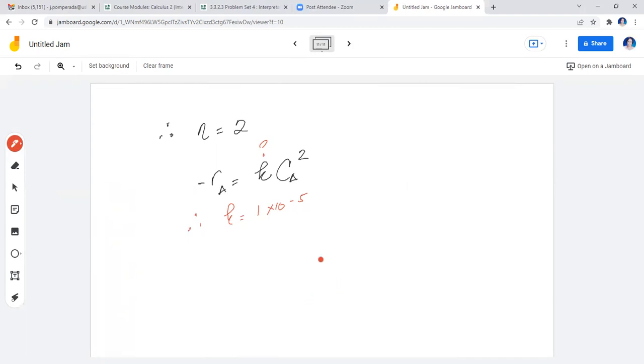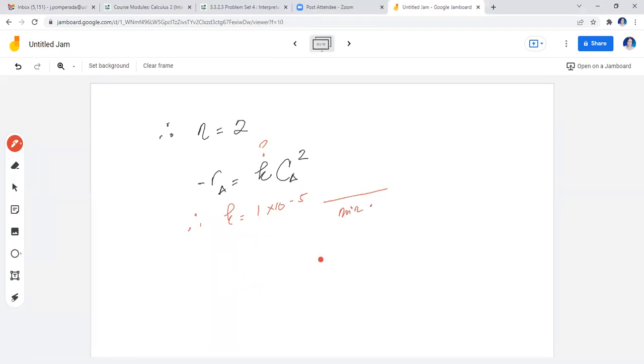Moliliter, miss, over minute. Or minute squared, miss. No. You always have time raised to negative 1. So meaning you have here already per minute.